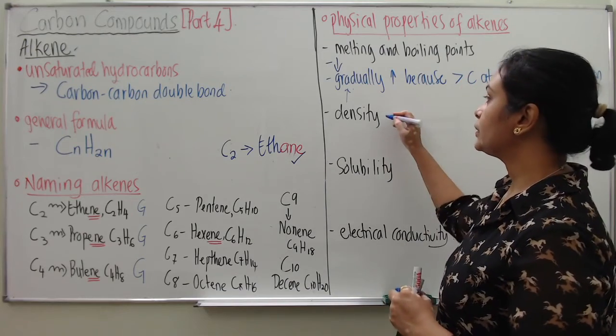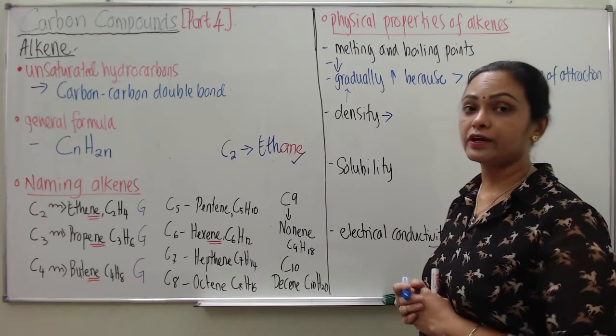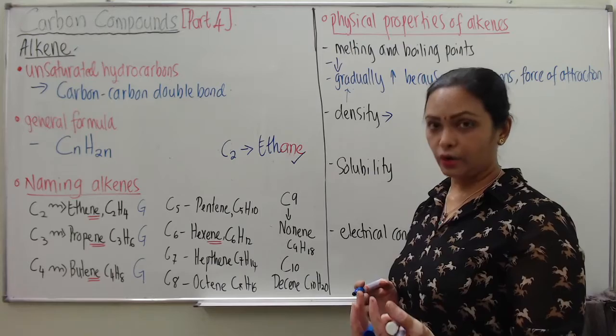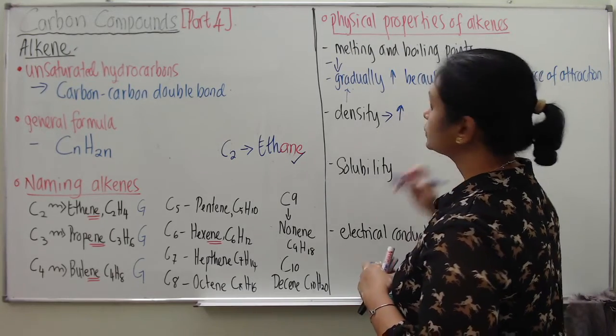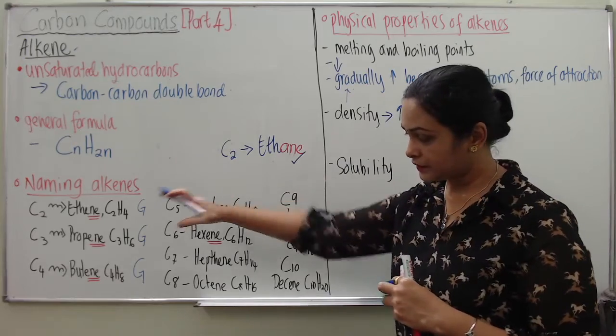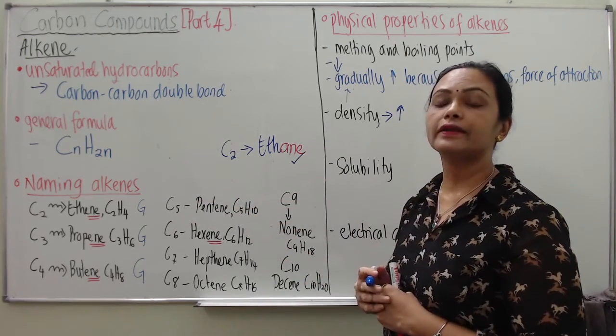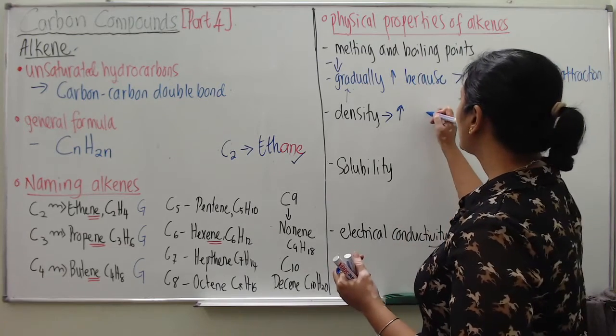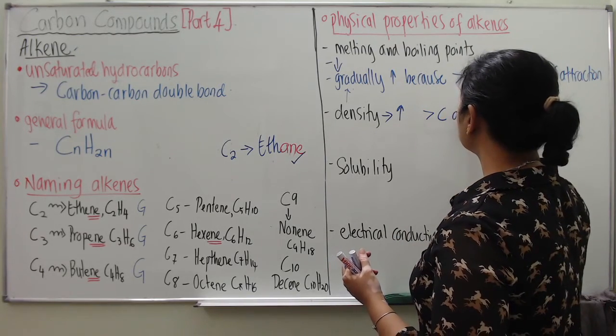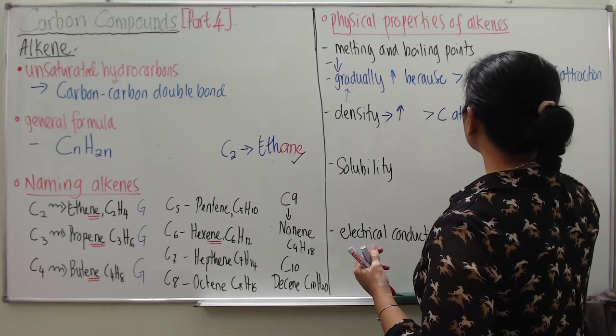Now, density. Of course, melting and boiling point are very much connected with density. So density increases from ethene up to decene, again because of more carbon atoms.